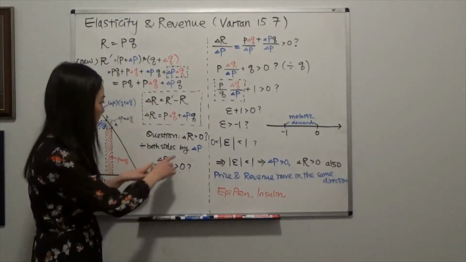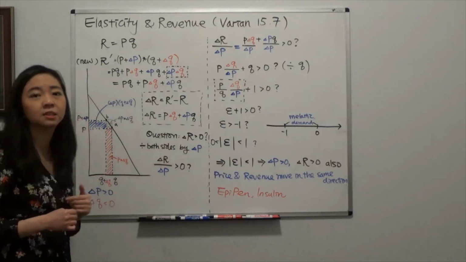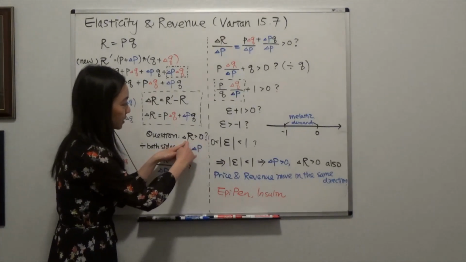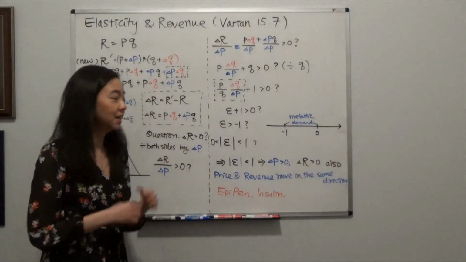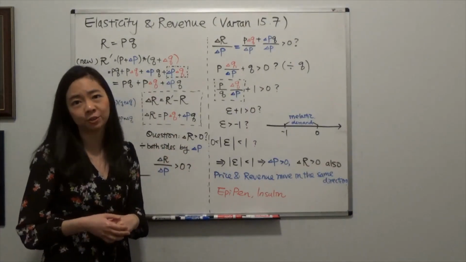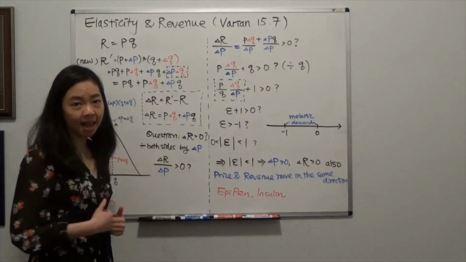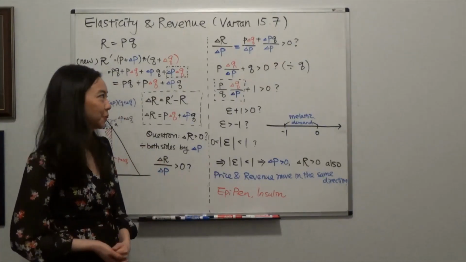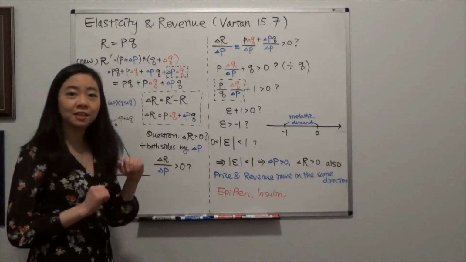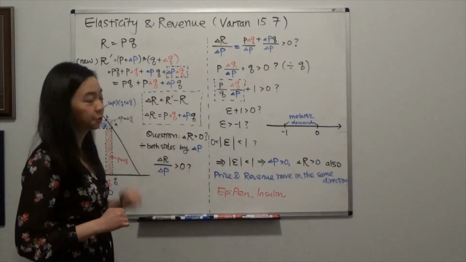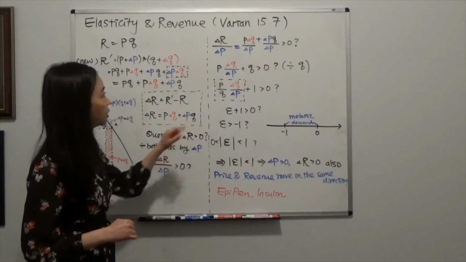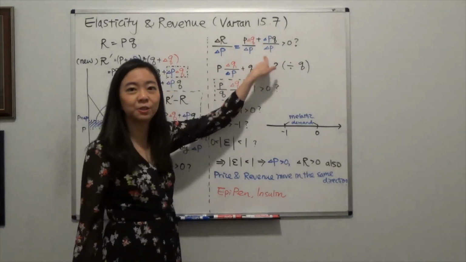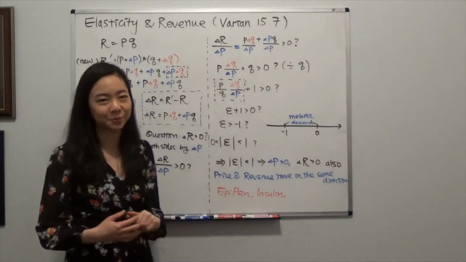We know that here in this example, your delta P is positive. And therefore, if I divide both sides of this inequality by delta P, it is not going to change the direction of the inequality. So I'm asking if delta R divided by delta P is greater than 0. So we know delta R is equal to P times delta Q plus delta P times Q. So I'm asking if this guy divided by delta P is greater than 0.